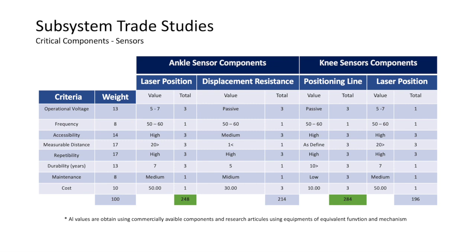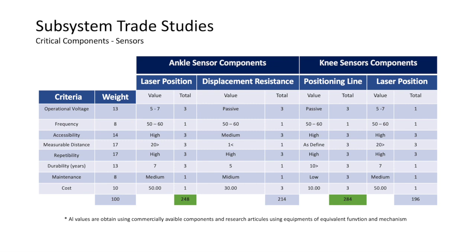In the sensor matrix, we compare the subsystem at two joint points, knees and ankles, and the criteria used are the MOPs defined for a sensor subsystem in addition to those mentioned in the original specification. Our criteria are frequency, accessibility, measurable distance, repeatability, durability in years, maintenance, and cost.